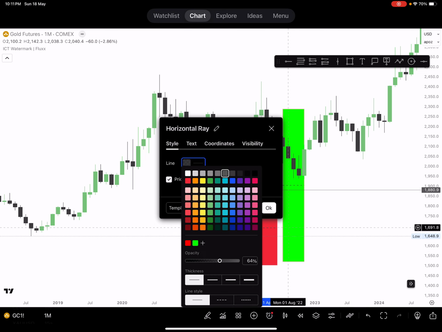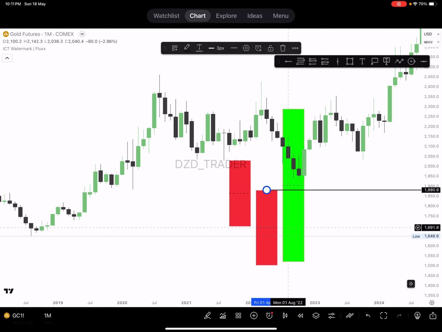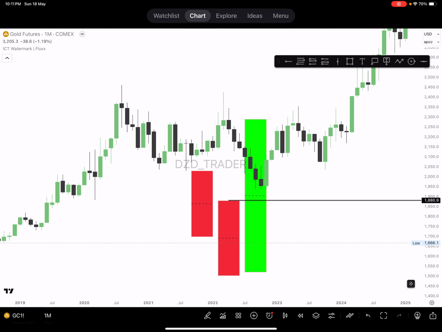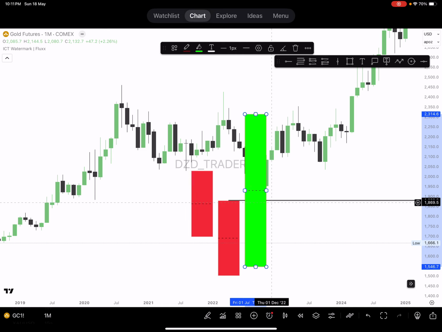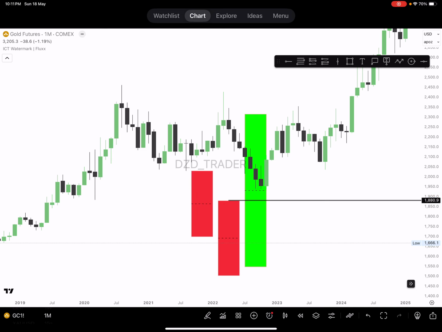Once we have that in check, let me just make the line thicker and make it a bit black, so you can see it. When price pierces through the high of this bearish, down close candle, instead of the low, rapidly, and just keeps moving higher, we're going to accept that this down close candle high is a really good entry.